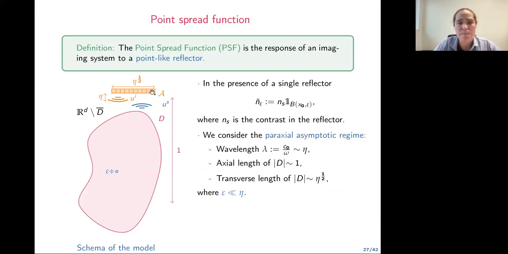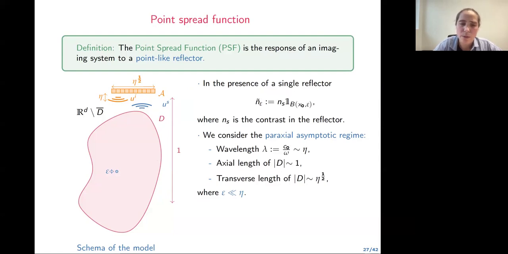I have my array in orange that emits the spherical incident wave. I have just one reflector of size epsilon that is quite small compared to the wavelengths, and I measure the scattered field. Here N tilde is just N S, the contrast of the reflector, times the indicator of my reflector. Here I just took a ball that is located at X0 with radius epsilon.